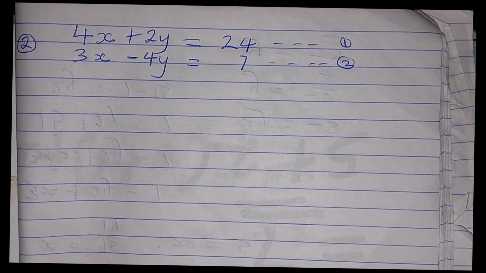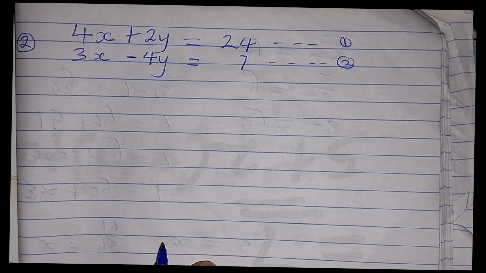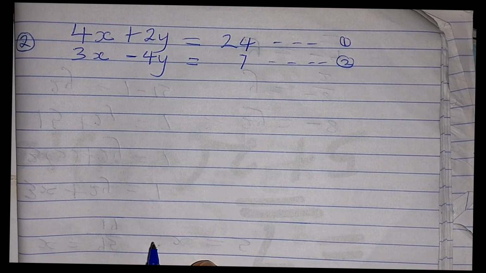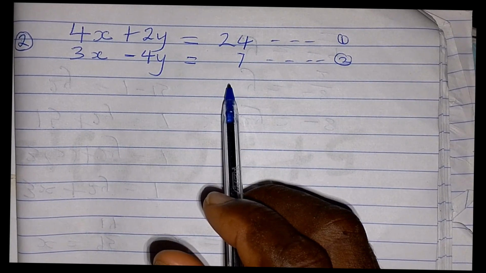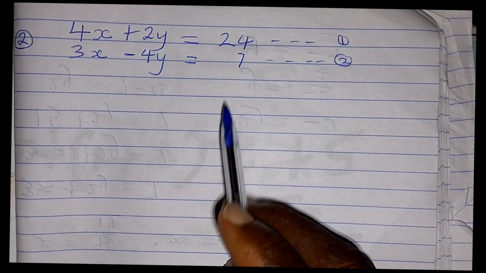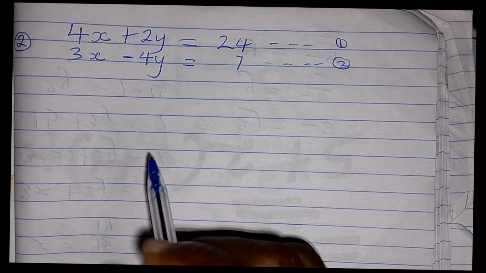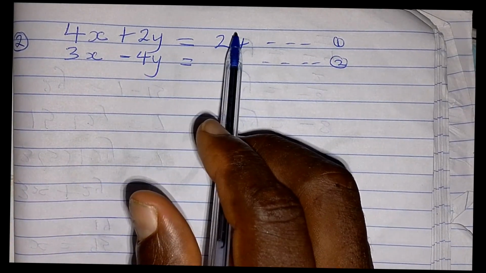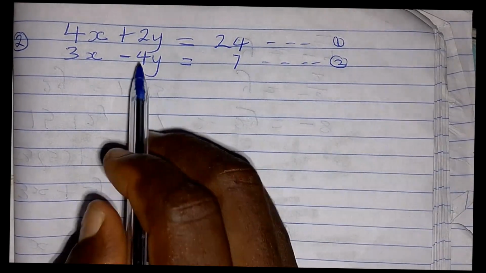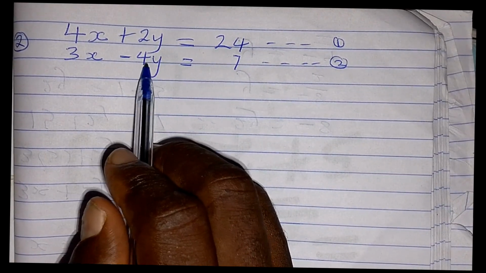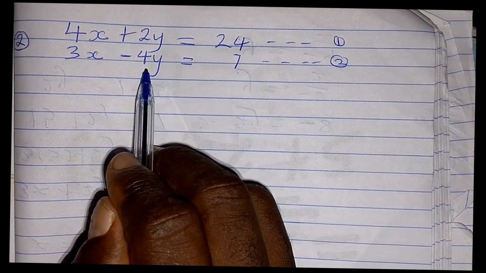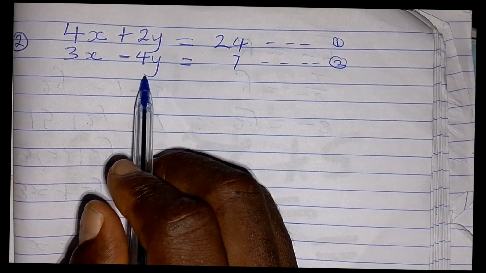Now, this is number 2 question. To actually solve this using the elimination method, which is the fastest at this point, looking at the condition of the question, we simply need to multiply equation 1 by 2 so that we also have the same value as the middle term in the second equation.